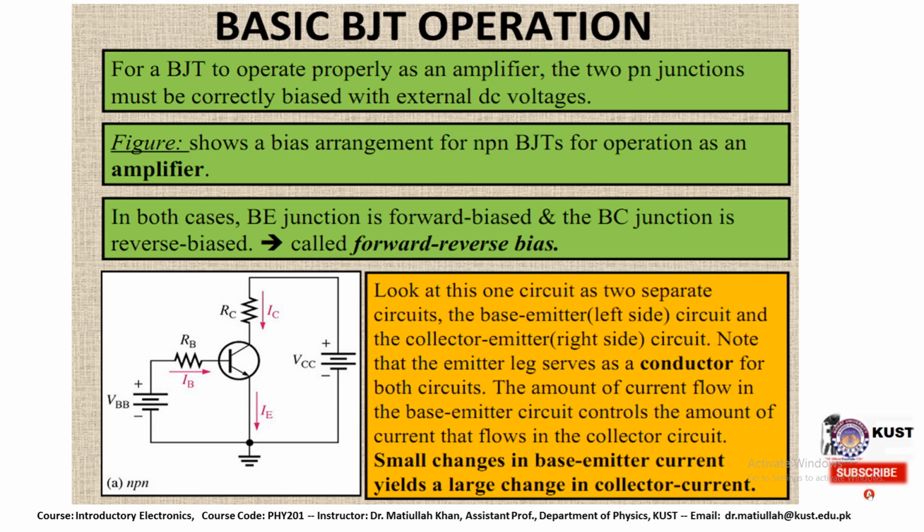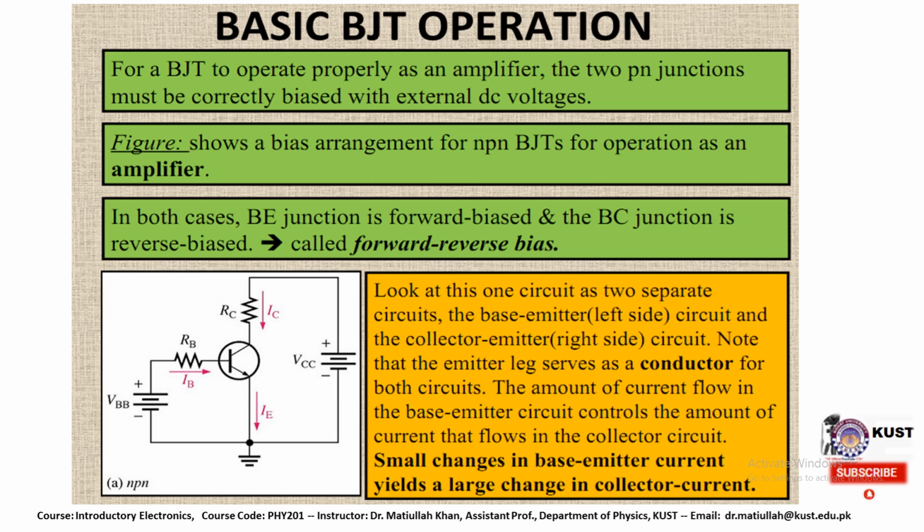There are different configurations, whether a junction will be forward biased or reverse biased, but we have specific priorities for each junction that will be discussed in the biasing of transistors.